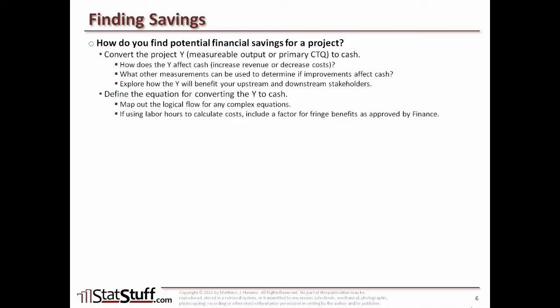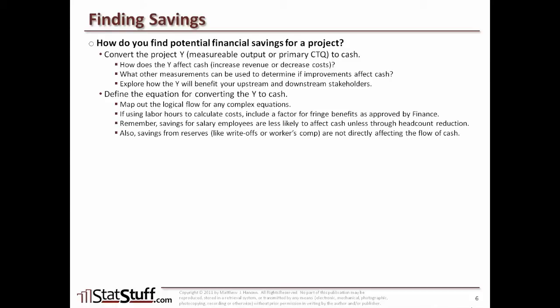In other words, don't just use the direct labor rates for the people that might be affected in the improvement that you're implementing, because there might be some additional factor used by your finance group to account for additional benefits. And they might have a different factor for whether you're talking about hourly employees or salary employees, or depending on the level of benefits that they have. So be sure you connect with your finance person to find out what factor they recommend you use.